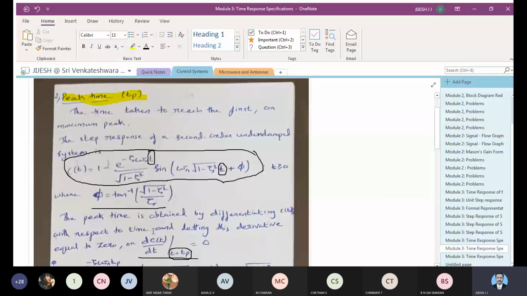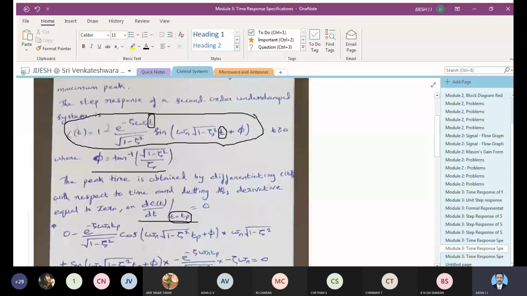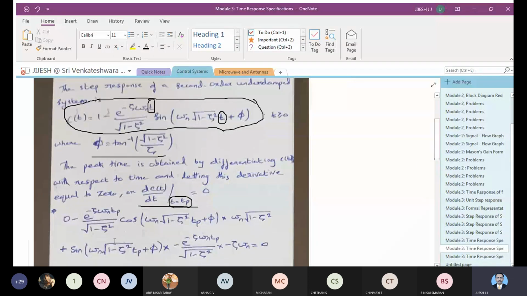We have done the differentiation for C of t, and we got dC of t by dt, where we write t equal to Tp. Wherever t is there, we have replaced it with Tp, and then equated to 0.